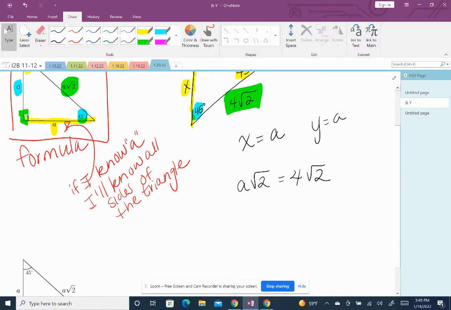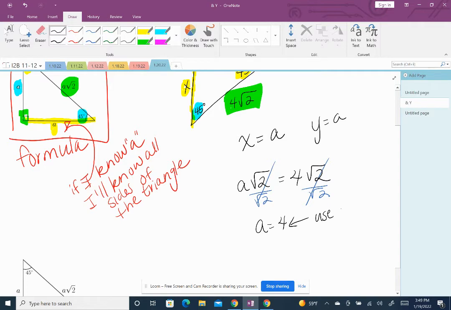So if I divide both sides by the square root of 2, I just get A is equal to 4. Okay, now that's not my answer.